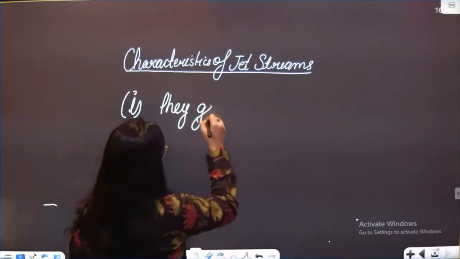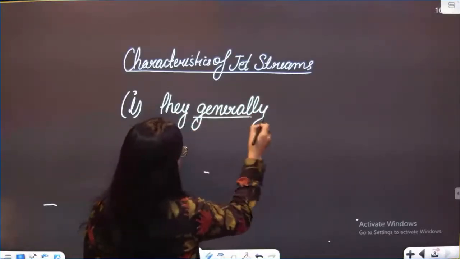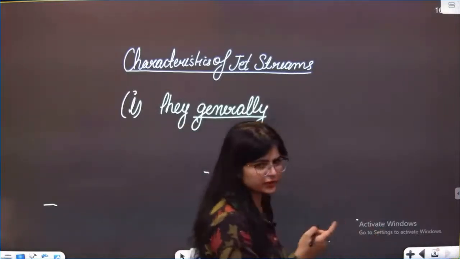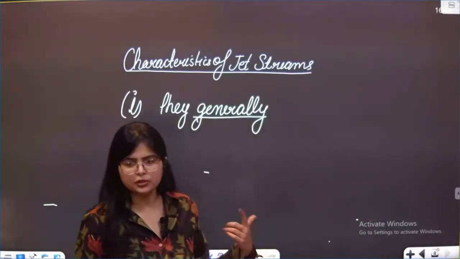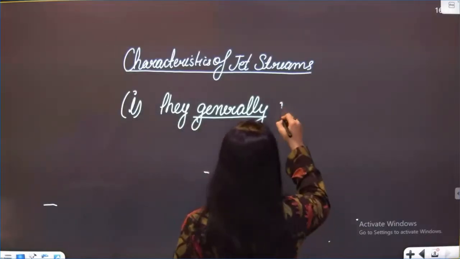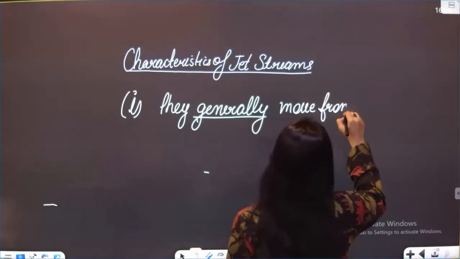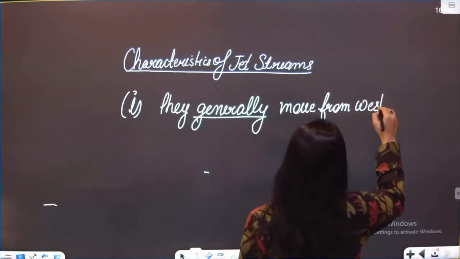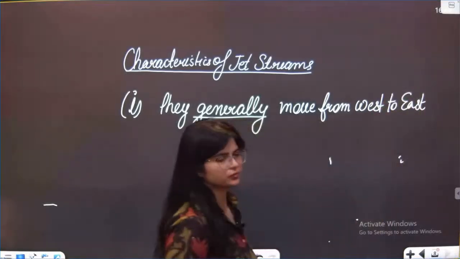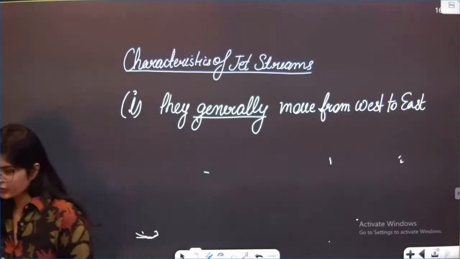I'm using the word generally, please underline this word generally, because there are some exceptions where they also move from east to west, which is tropical easterly jet streams, right? They generally move from west to east. But explanation was remaining now for the online students, right?